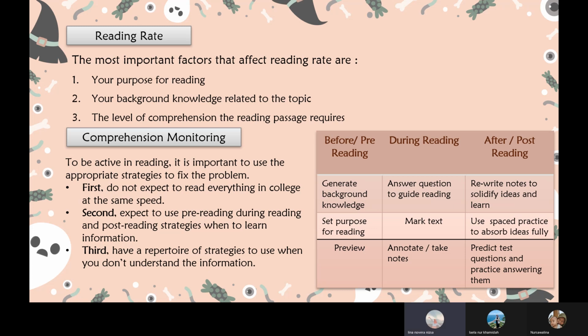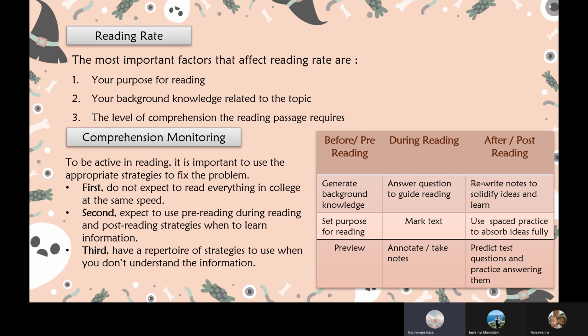Reading rate. College reading is far more difficult than reading in high school because college reading is more intensive and complex. That's why you must vary your reading rate, or the speed at which you read, depending on several factors related to the reading passage you are tackling.